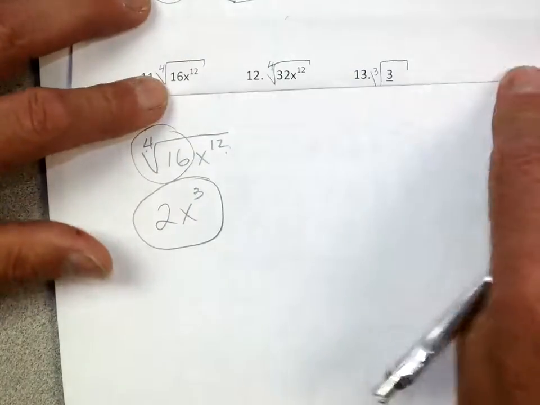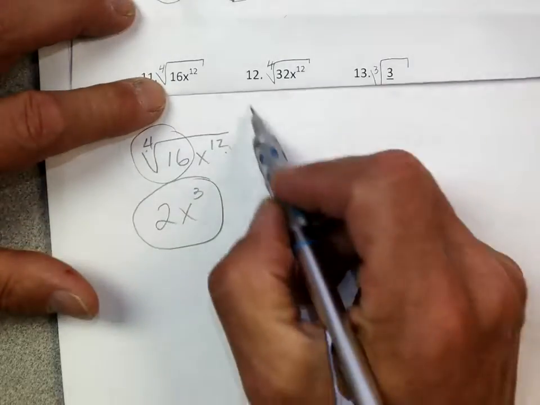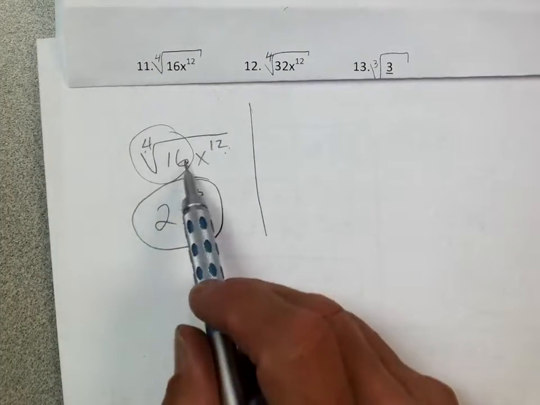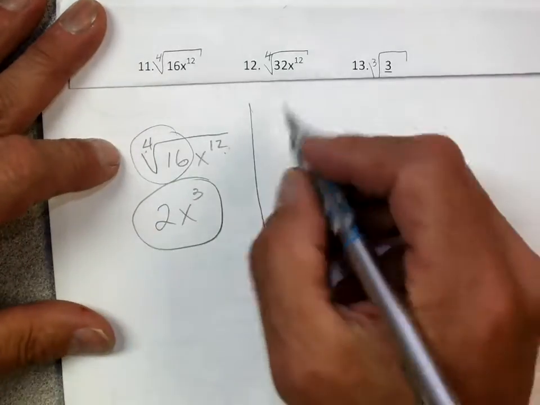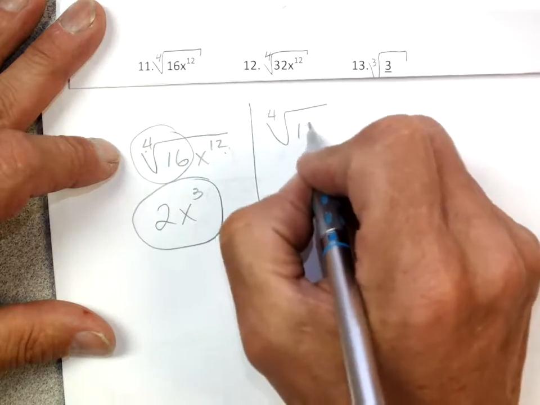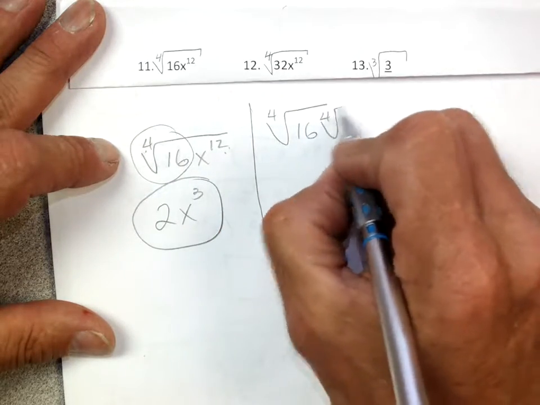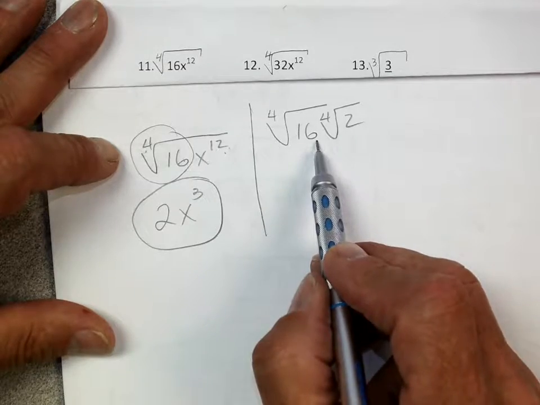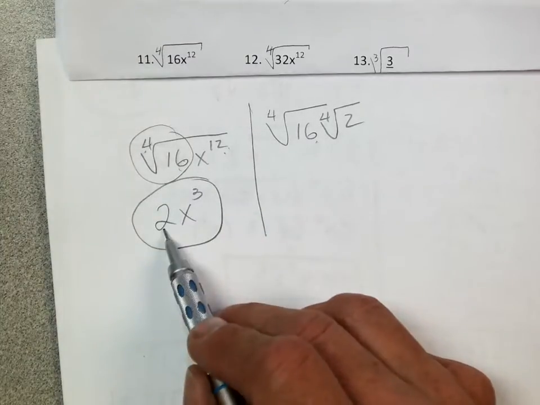Okay, now, 12. Now, the problem with 12 is that 32 is not a perfect root, but by doing 11, we kind of got a clue. So if I rewrite 12 as, you ready? The 4th root of 16 times the 4th root of 2. We already know there's an answer to this one, right? We just did it. We just know the 4th root of 16 was 2, right?